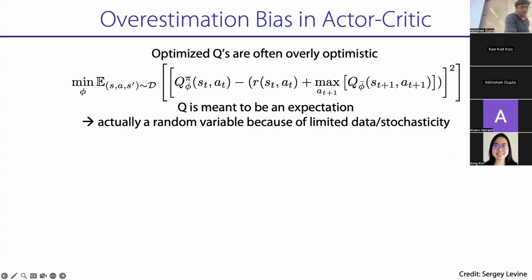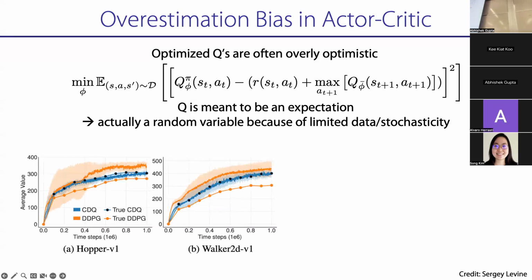You can see this empirically with DDPG: you have the estimated values and the true values. The true values are the dotted lines and the estimated values are the solid lines, and you're way overestimating the values across both. In general, whenever you do off-policy RL, you have this optimism bias because your Q is a random variable and you're putting it inside a max.